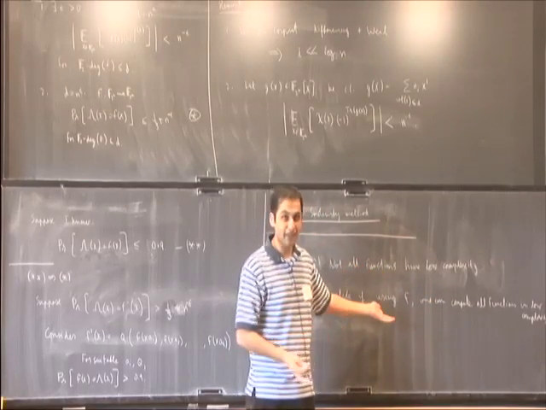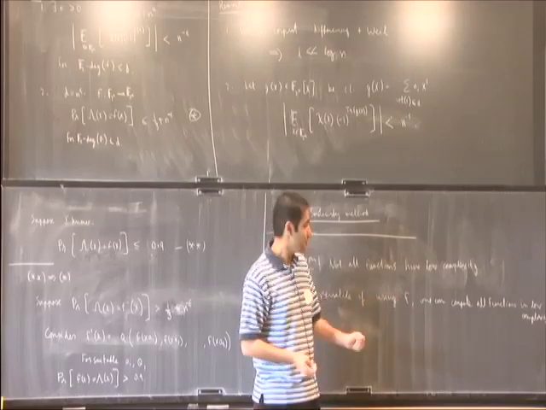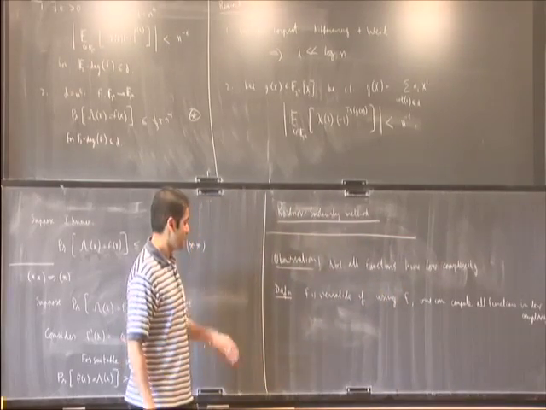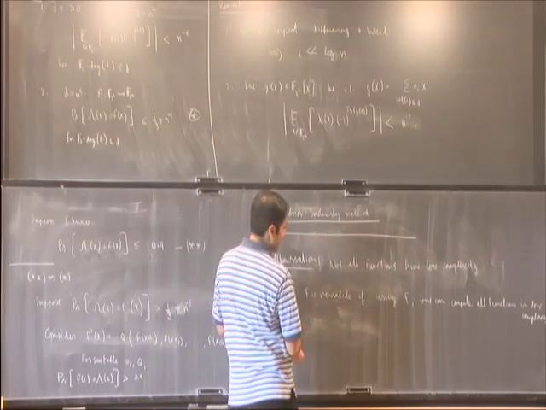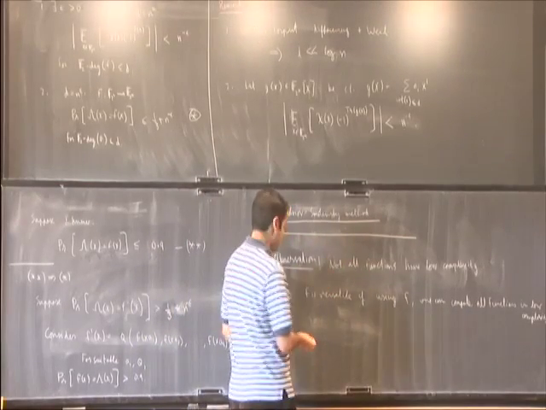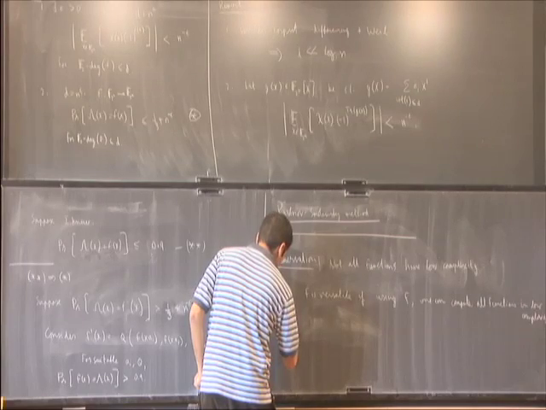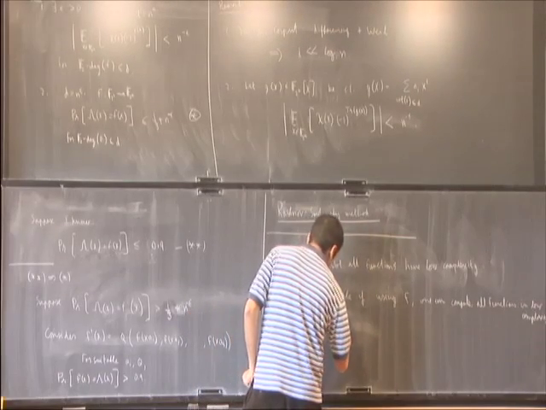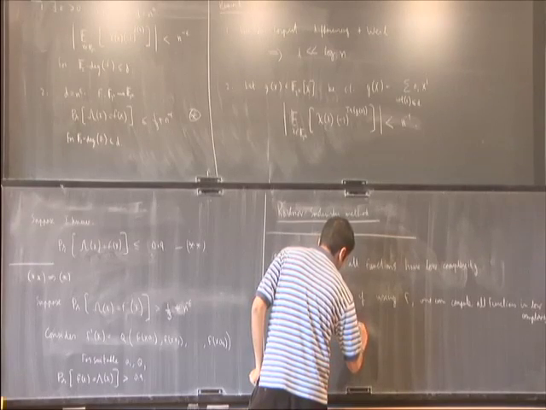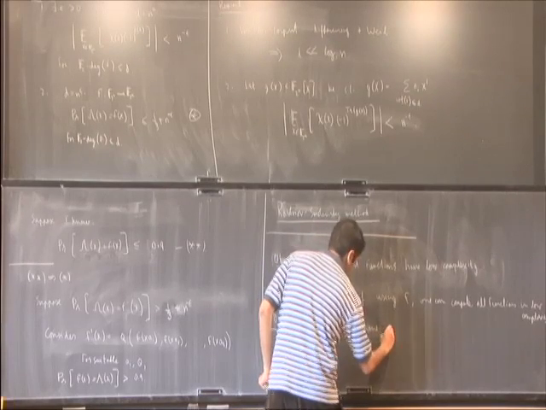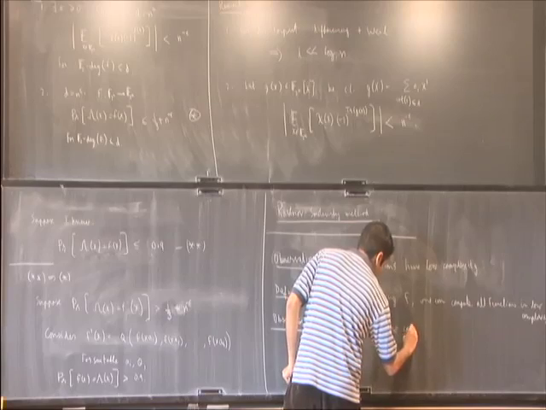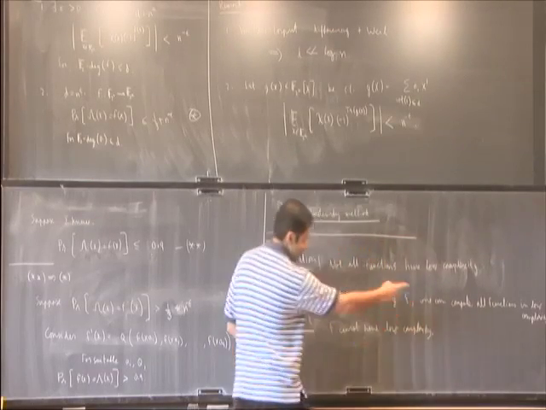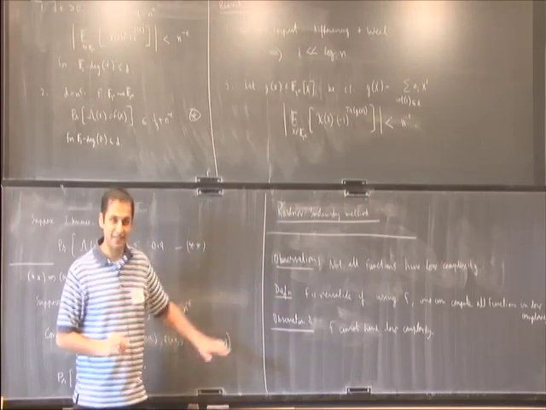Then I call f versatile because it's usable for computing all other functions. Then observation 2 is that f cannot have low complexity, because if it did, then all functions would have low complexity, and that violates observation 1.